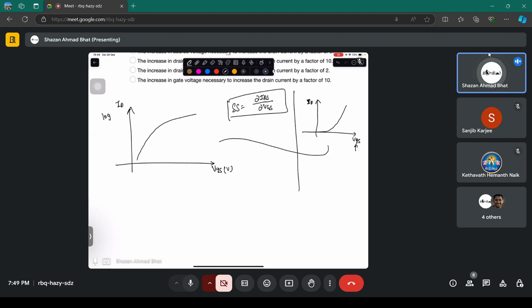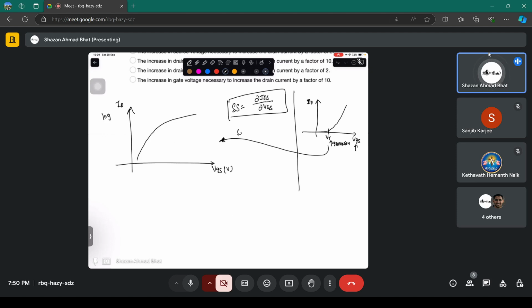So when you draw it in log scale, it looks something like this. Conduction takes place only when the gate voltage reaches the threshold voltage and beyond, just like a diode. In a diode, if you cross the cut-in voltage, you get conduction. In a MOSFET, when the gate voltage becomes the threshold voltage, the channel inverts at this point and the current increases exponentially.